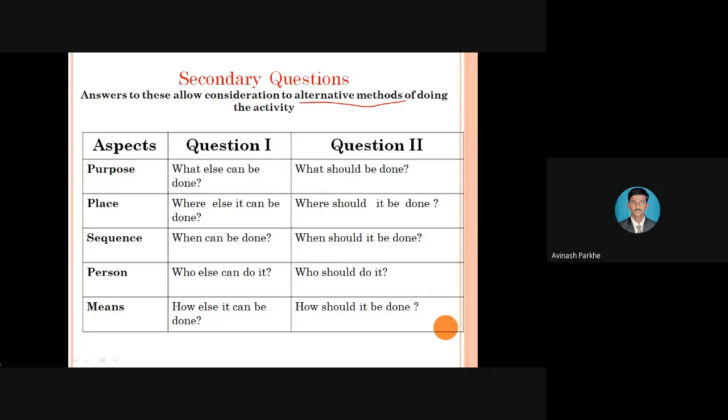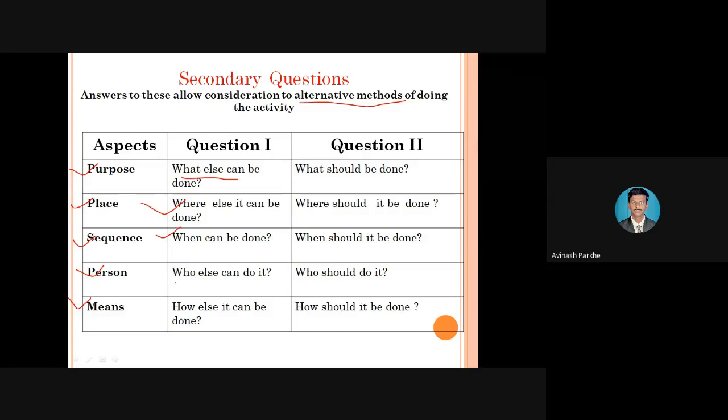So here again the questions are asked: purpose, places, sequences, persons, and the means. In case of purpose, what else can be done? If the previous method is not available, what can I do for the further modification? Place: where else can it be done? At which location can we perform that modification? Sequence: when is it to be done, whether tomorrow, the day after tomorrow, or today only?